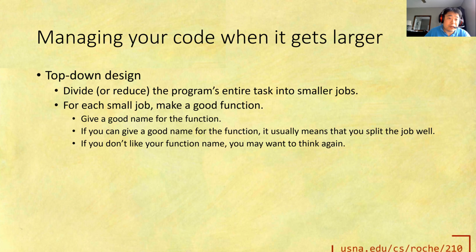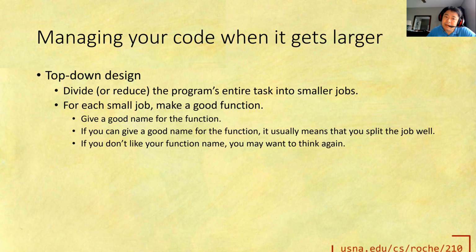in the C programming language context, for each small job, you have to make a good function. You've got to give a good name for the function. Name is important. If you can give a good name for the function, that usually means you split the job well. You split the entire program's tasks really well, and then probably the details of writing your function come out naturally too.